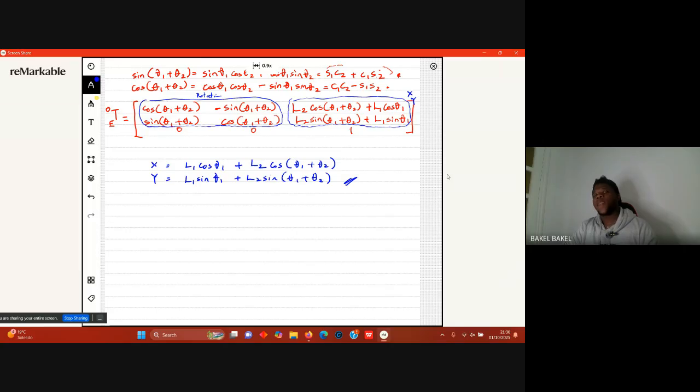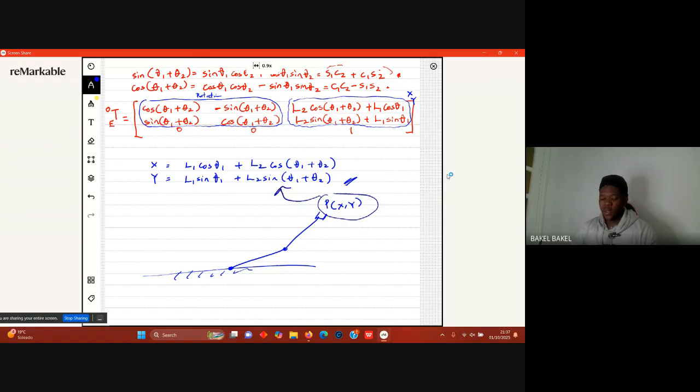If you notice, the very first exercise we did was this. We were interested in just the position, right? That's the very first thing we did, and that position is what we have gotten here.